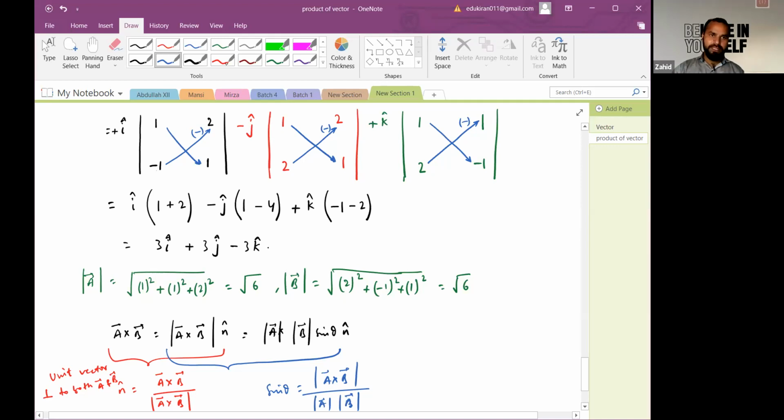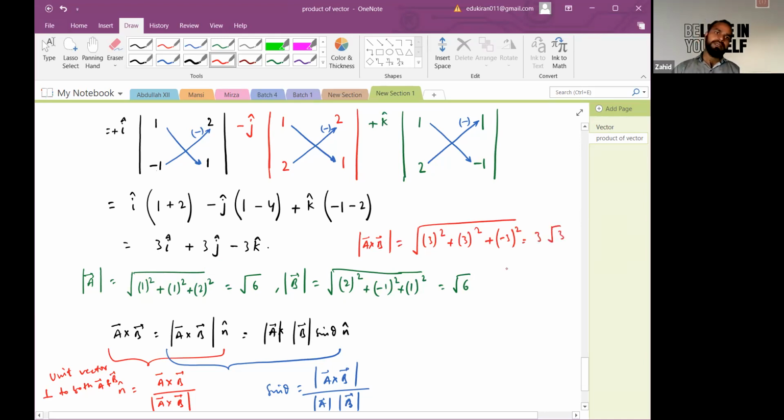Since we have calculated A cross B as this term, if you calculate its mod, it will be i component square, so 3 square, j component square, so 3 square, and k component, that is minus 3 square. So 9 plus 9 plus 9 is 27, so it will be 3 root 3.